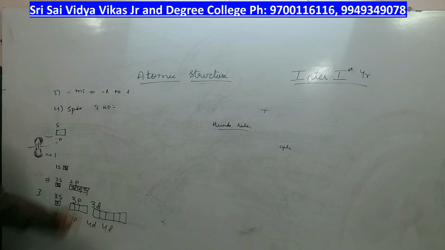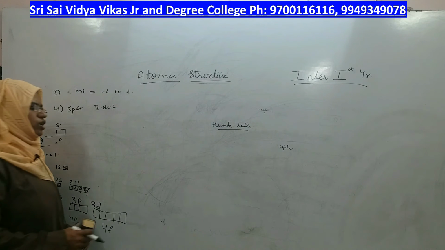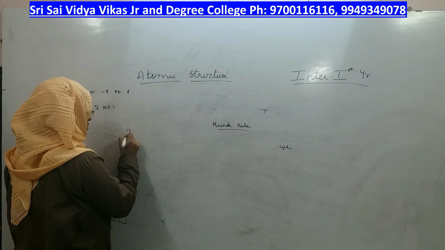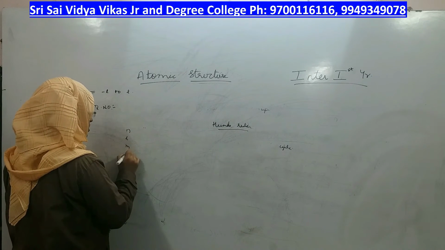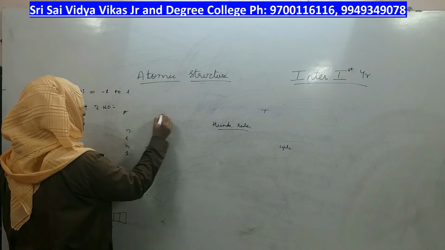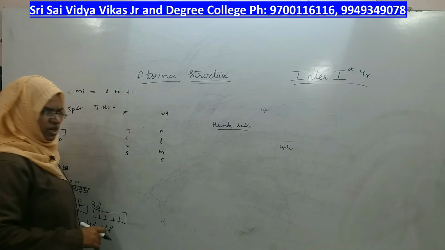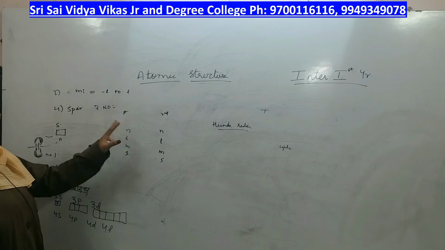And Pauli's exclusion principle says that no 2 electrons of an atom can have all the 4 quantum numbers same. They might have n, l, m, s of the first electron, and n, l, m, s of the second. Both of them have 4 quantum numbers.